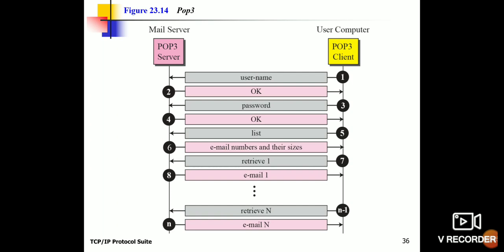The POP3 client sends the username, and the POP3 server sends back an OK message. The client sends the password, and the server again sends back an OK message. Then the POP3 client asks for a list.